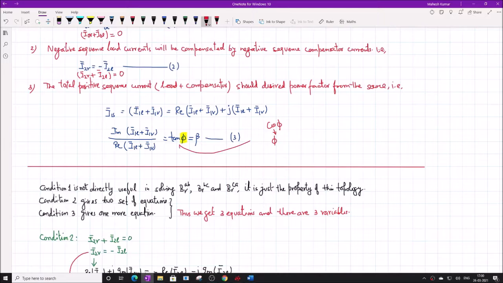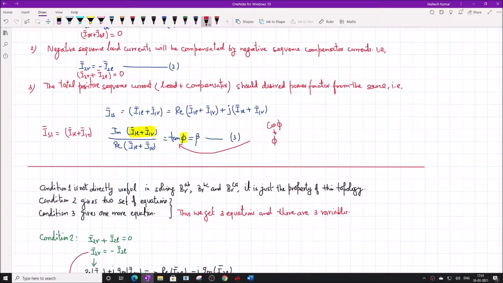So tan phi must be equal to the ratio of the imaginary part of I1L plus I1 gamma, the net positive sequence current. I can write it this way: the net positive sequence current, IS1, as for source, must be equal to the summation of I1L plus I1 gamma.